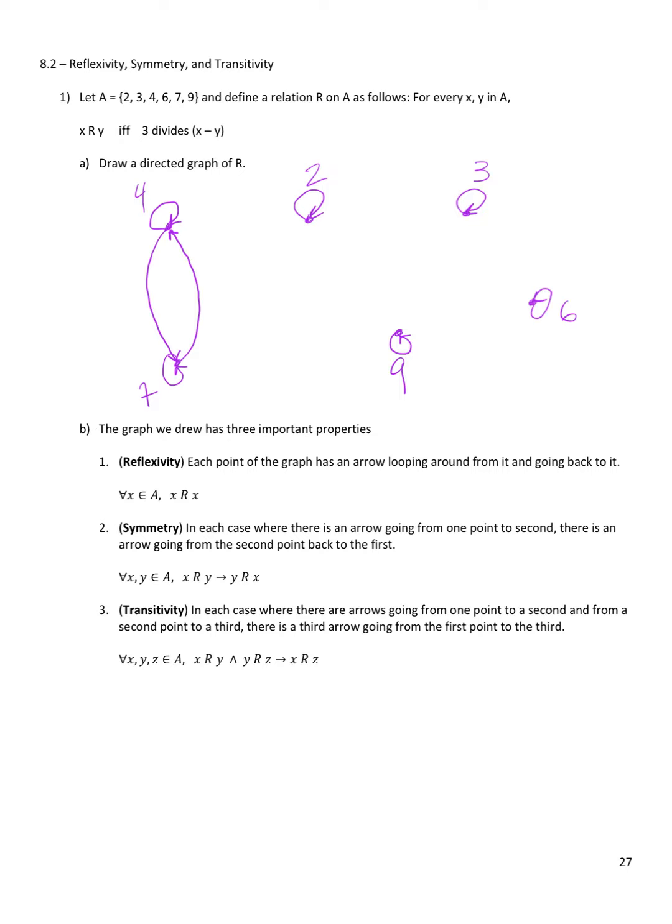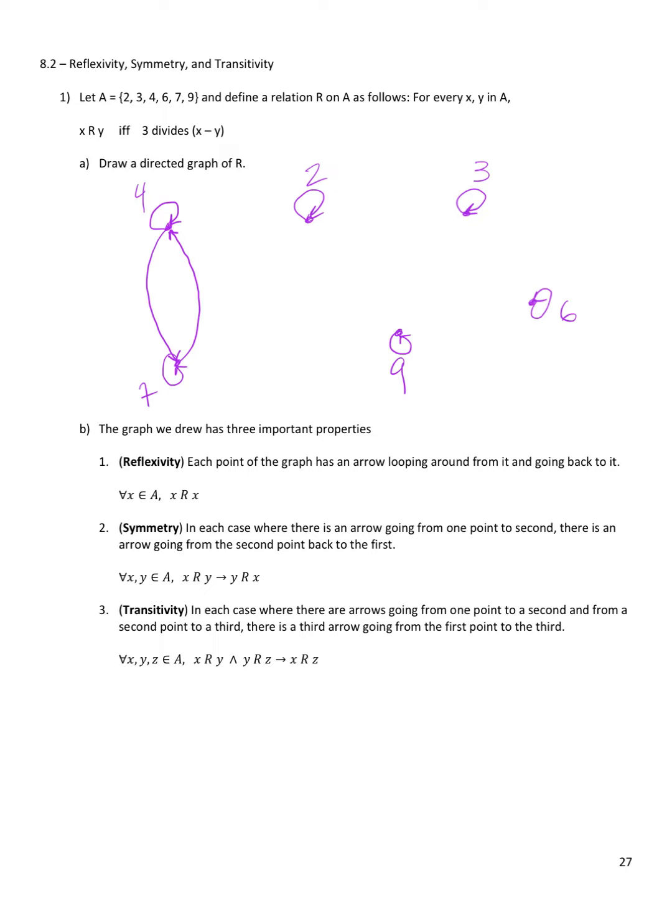And 2 minus 4, -2, not divisible by 3. So I'm going to have no arrows between 4 and 2. 4 and 3, their difference is 1 or -1 if you do the other direction, and that is not divisible by 3. 4 and 9, the difference is 5 or -5, no arrows there. And 4 and 6, the difference is 2 or -2, no arrows there. Okay, so that covers 4.